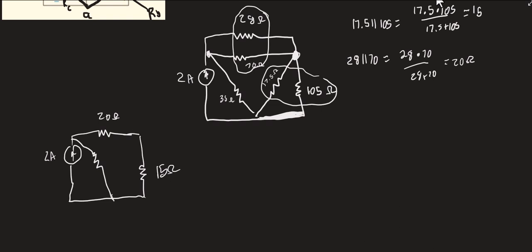Oh, curvy wire. Okay, and that one is 35 ohms. Okay, now you can easily see that the 20 and the 15 are in series. So we can just add those.